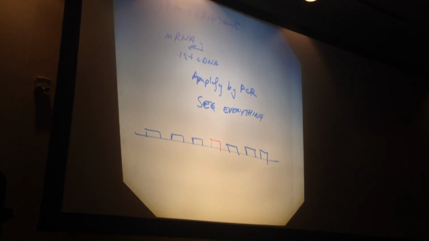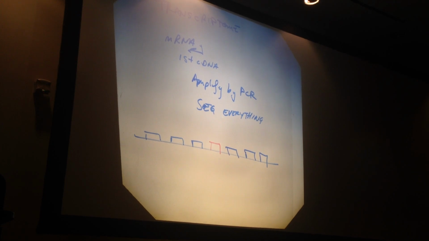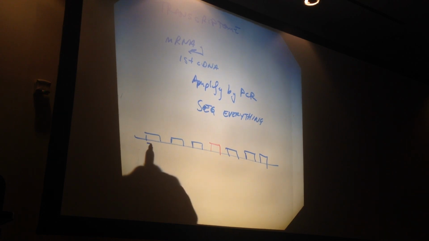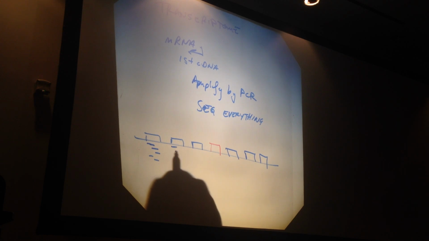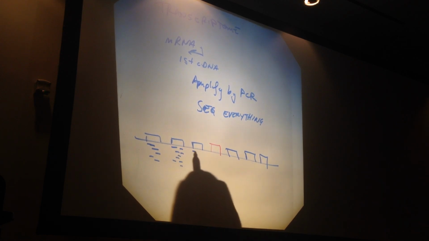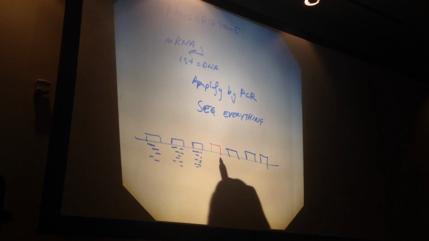And now when you do this transcriptome sequencing, you get these little fragments of sequence, 50 to 100 nucleotides. You get these little fragment reads, and you have to use bioinformatics to align them.